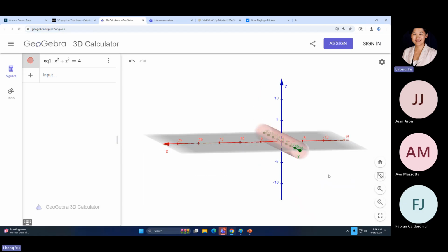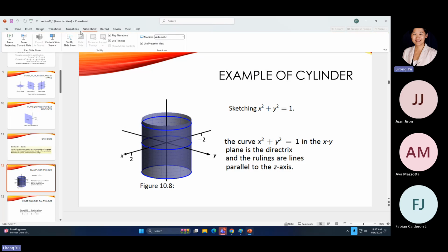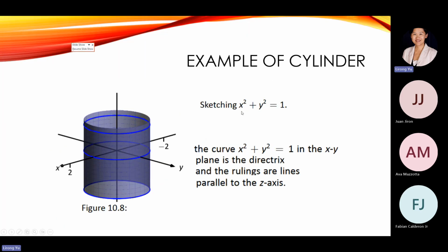This is the x-axis horizontally, and vertically is the z-axis. The y-axis is right in the center of the cylinder. This cylinder is parallel to the y-axis. You see the y value is not in here. Whenever a variable is not in the equation of the surface, that's a free variable. That means any y is okay. In the earlier case, any z is okay, so we are parallel to the z-axis.